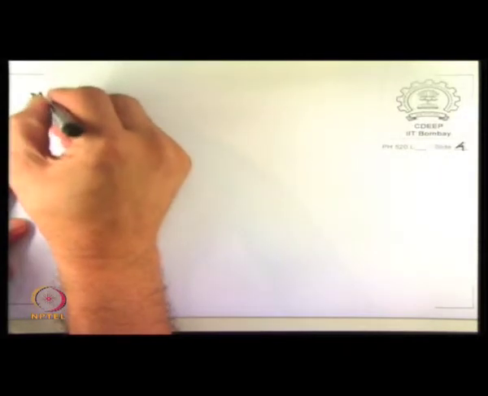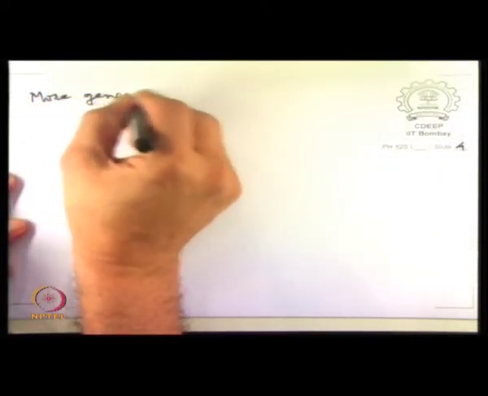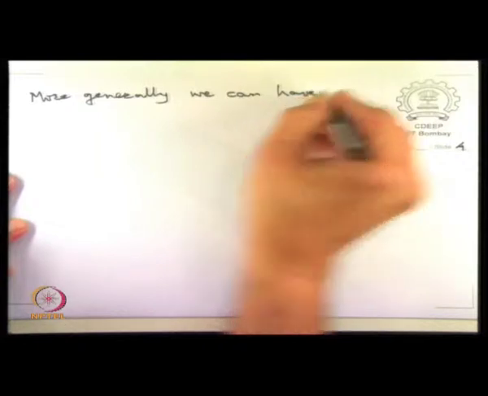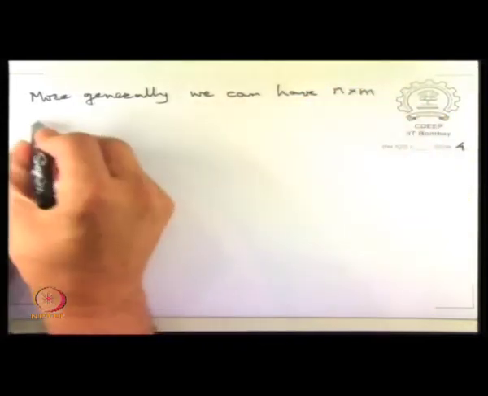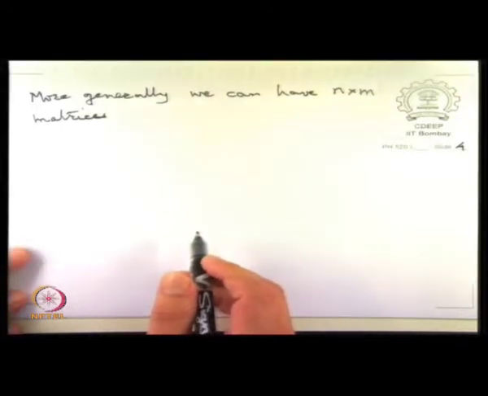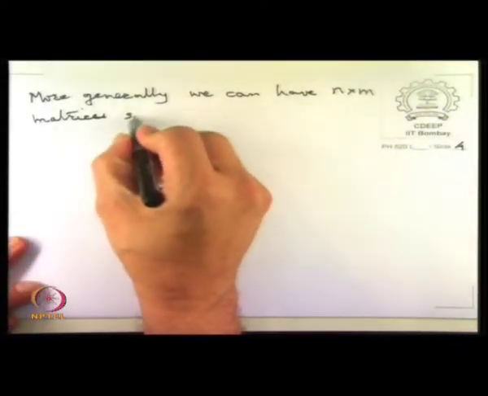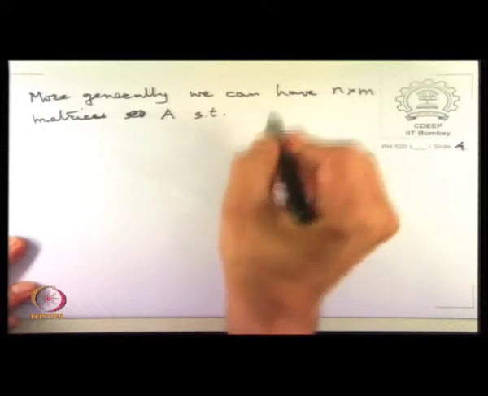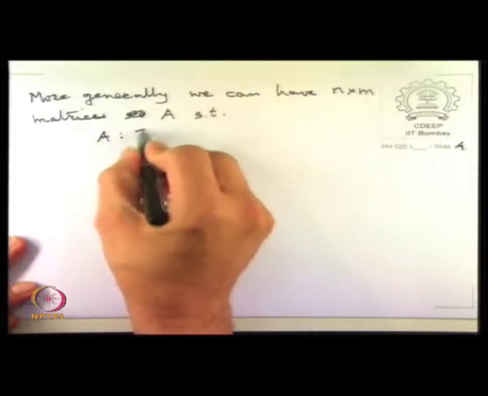Now we want to move towards, okay, the other notation we use is that in general you can also have n by m matrices, such that a matrix, and we denote them A, such that A maps V into V prime.